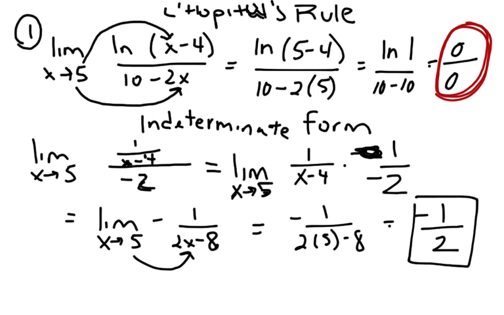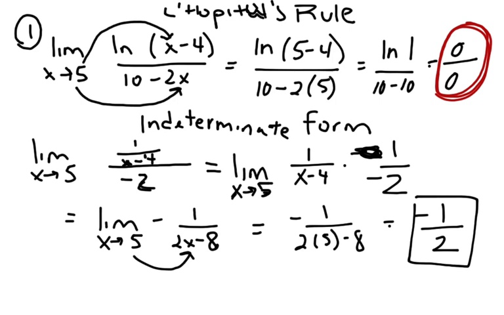Another way that you could double check it, if you have use of your calculator, is to go to the table, go to the graph, look and see what the values in the table or the actual graph itself are approaching when x gets close to 5, like 4.999 and 5.001, to verify that you've done this correctly.